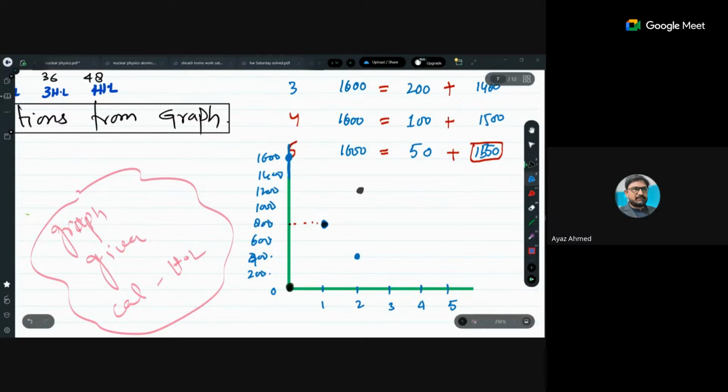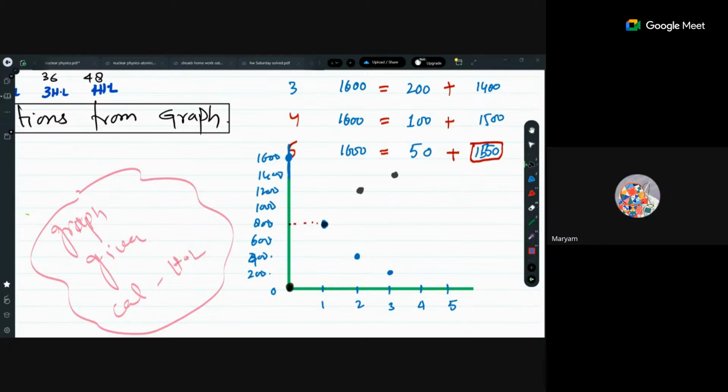Okay. After three half lives, what is left behind? 200. And it means 1400 have decayed. Get it? They got it.